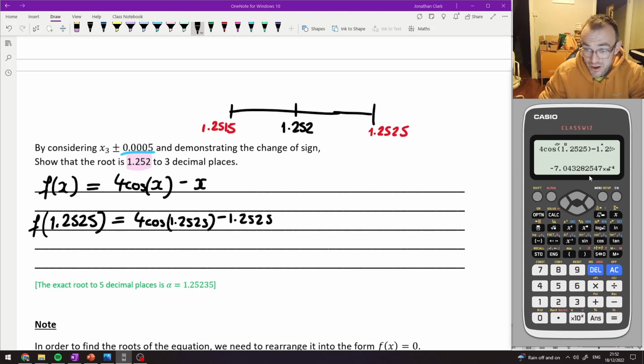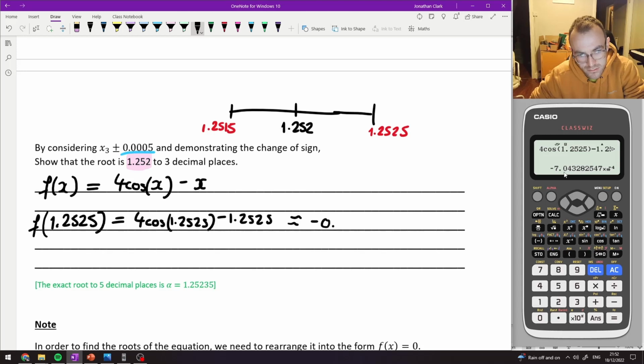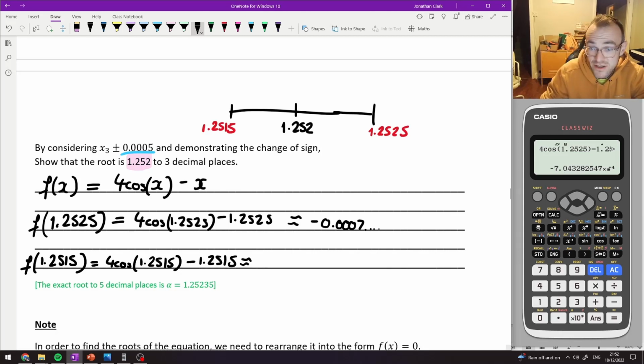Okay, so we get a very small negative answer. And if I plug in, oops, not that, this, I'm hoping that it's going to work out as a positive answer.